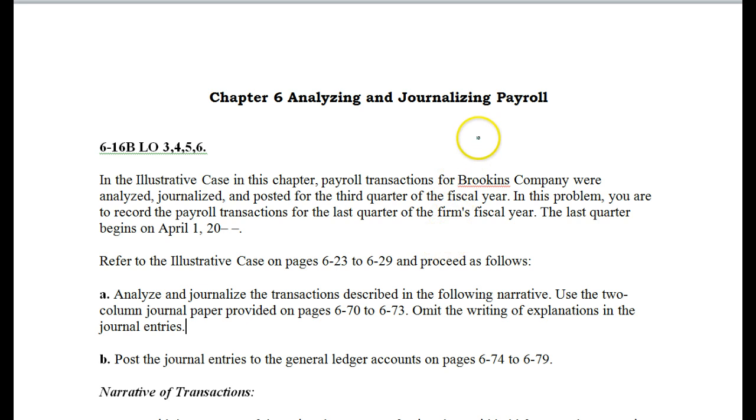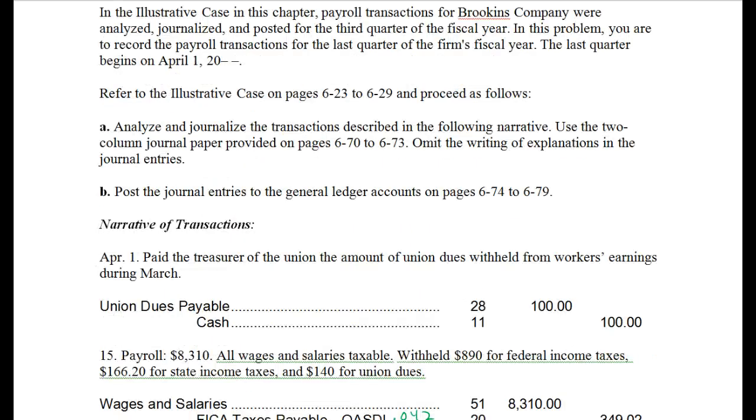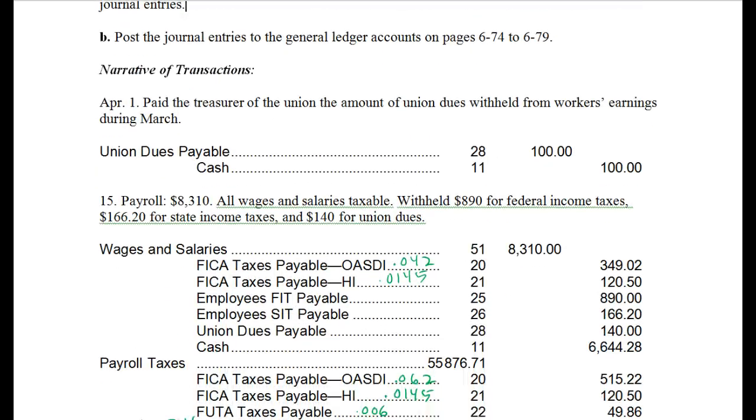And they've got the ending balances given as of March 31st for all of the different payroll accounts. And so now what you're going to be doing is April, May, and June, the second quarter.